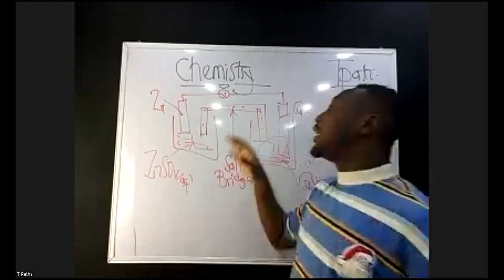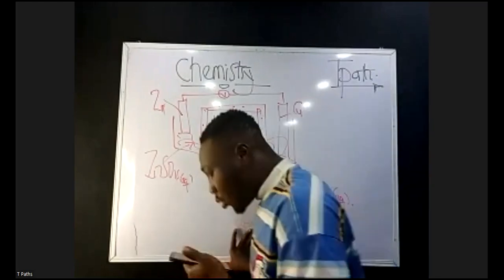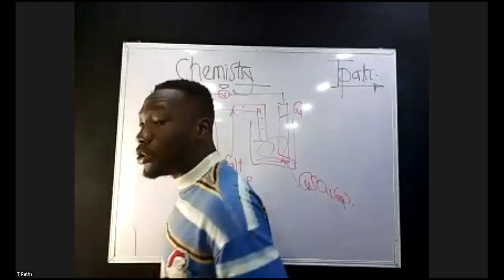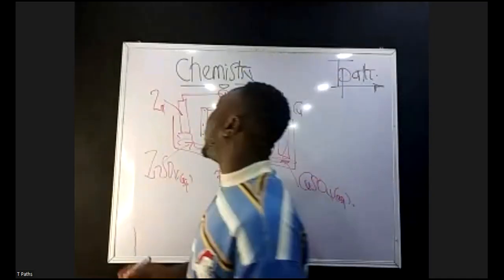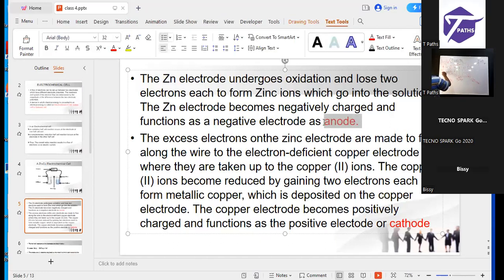A negatively charged electrode is known as the negative electrode, or what we all hear everywhere as the anode. The anode is the negative electrode.